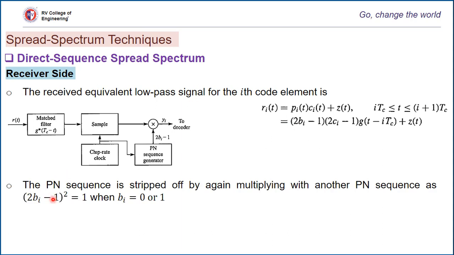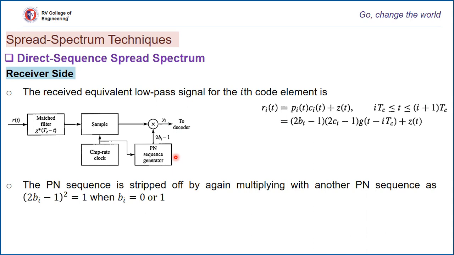Ci is the actual information embedded in the code, and the effect of the PN sequence in the received signal can be easily removed by multiplying with 2Bi minus 1, which is generated from another PN sequence generator.